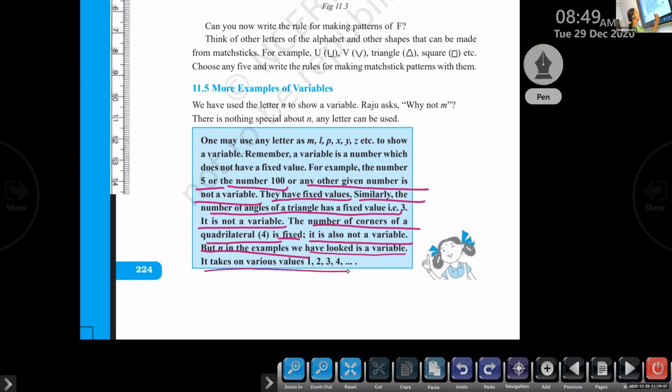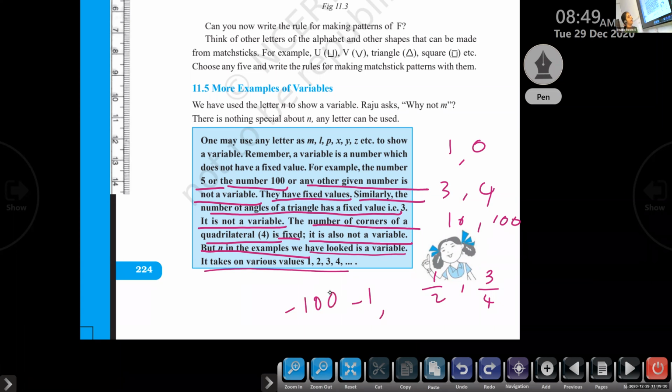Children, 1, 0, 3, 4, 10, 1000, 1 by 2, 3 by 4, -1, -100 are all examples of constants. They have a fixed value.